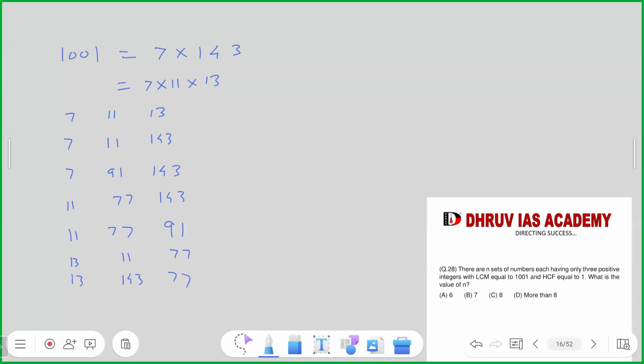Is there anything else? It is tricky, you just have to do trial and error. So just go on finding the combinations here. 11, 77, 143, 13 and 7, 91. 91, 11 and 143.